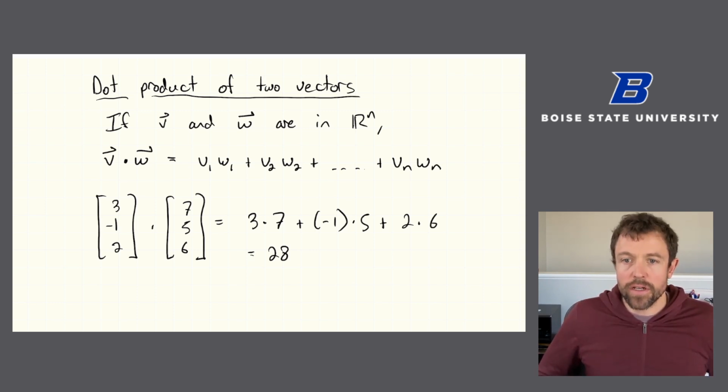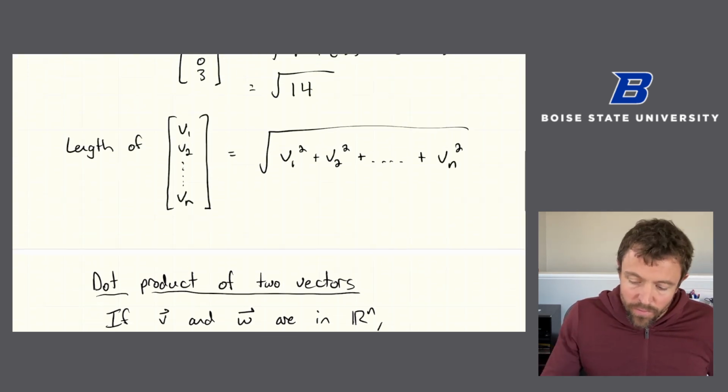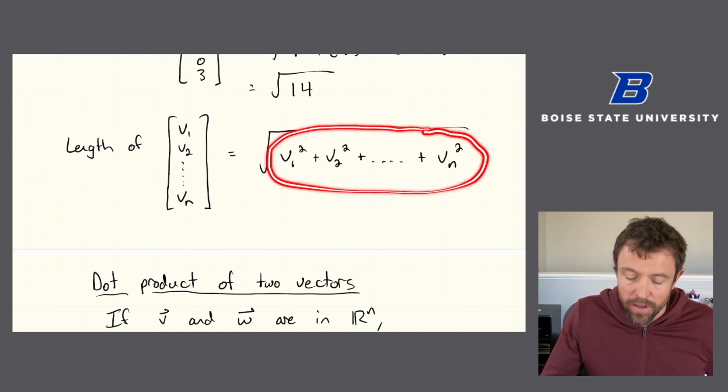Initial motivation of the dot product, that's not that compelling. When you look at this formula, you can convince yourself that this interior part, this formula for length, the thing under the square root is this vector dotted with itself.